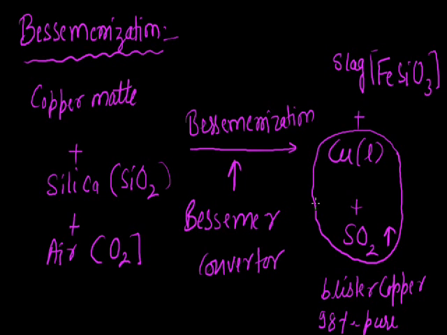And along with this blister copper we obtain slag, that is the impurity which is attached with this blister copper. And slag is much lighter than blister copper, so it will float on copper, and we will remove this slag from copper and obtain pure blister copper.